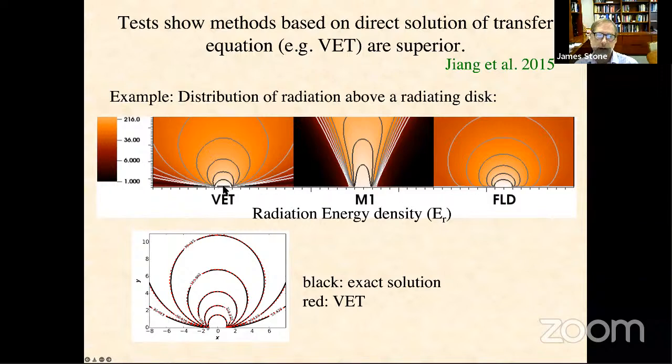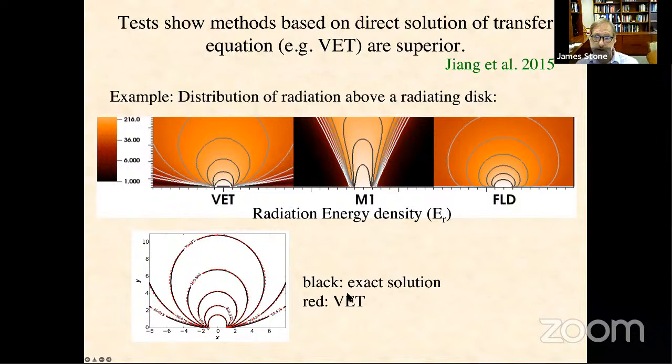So here's a test problem where you have a hot plate emitting photons into an optically thin medium. The hot plate extends from -1 to 1 in this domain here. And you simply calculate what the radiation energy density is above this hot plate as photons emerge. And the solutions from the variable Eddington tensor, M1 and FLD methods are shown in this panel here.